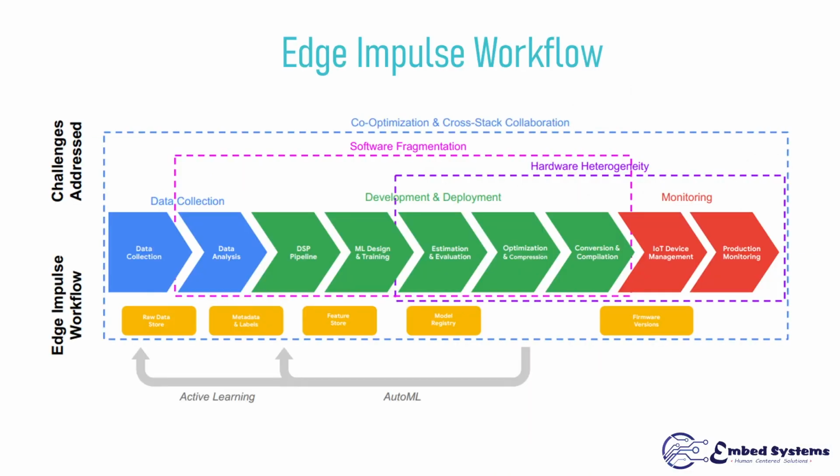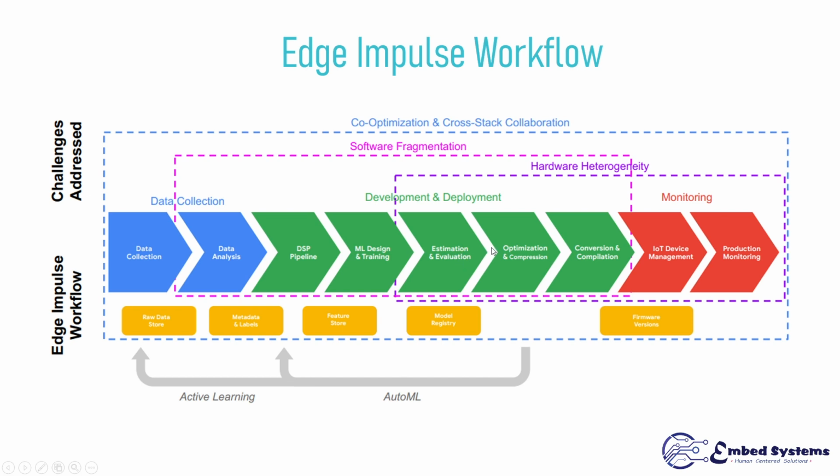Okay, so the Edge Impulse workflow is what it actually does for you. From the data collection, data analysis, and digital signal processing pipeline, which you might not know if you are not a very technical person, it does the machine learning design and training. It estimates and evaluates the model.